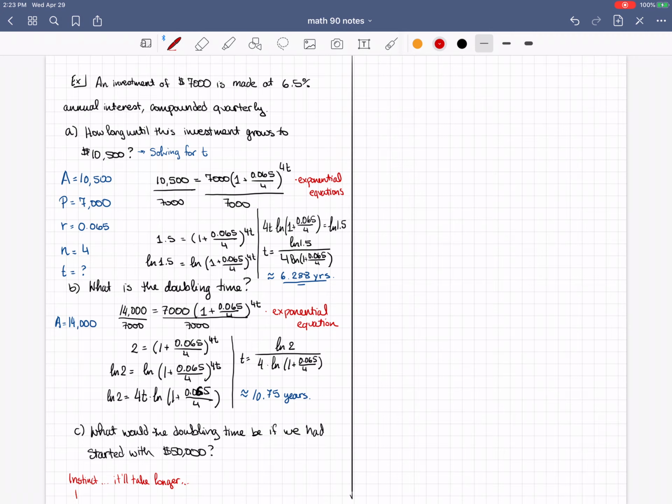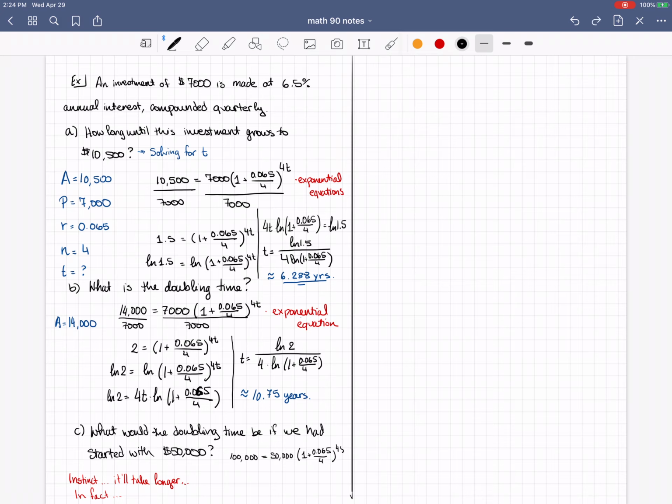So in fact, and I'm going to put that aside for now, but look, to double 50,000, you want to grow to 100,000. So if you look at the equation that you would be solving, I'm just writing it out exactly as we did in the last example.